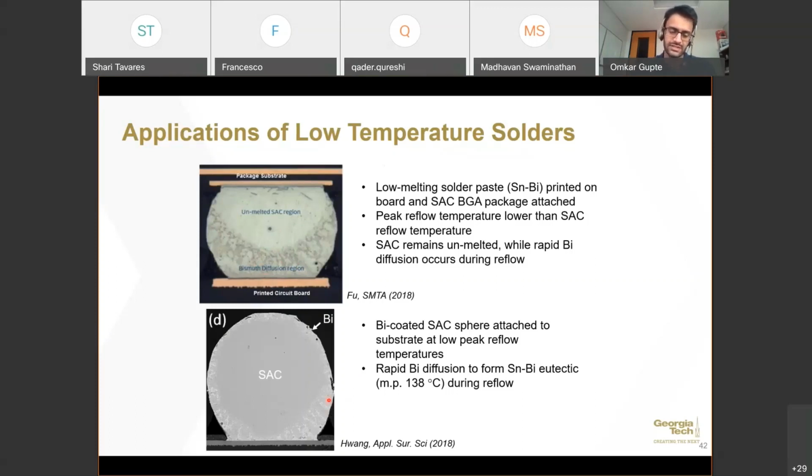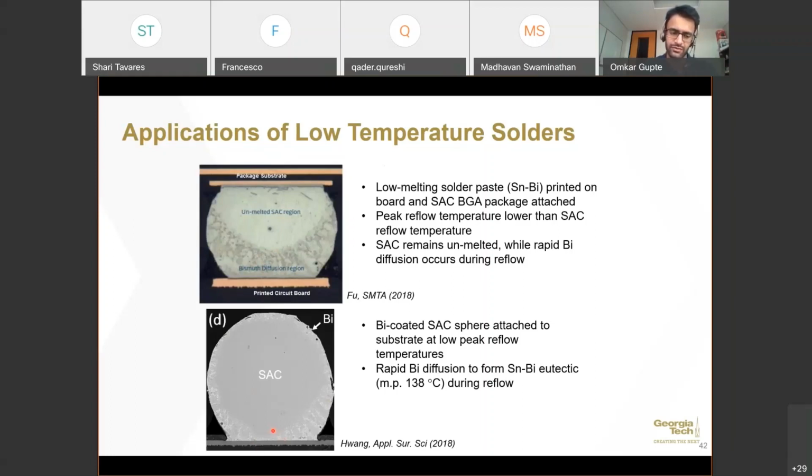Another method by which the advantage of low melting solders is taken is having coatings on the SAC sphere. In this case, bismuth is coated on the outside of the SAC sphere, and when the ball is placed on the package and the reflow is done, again the peak reflow temperature is much lower than the SAC reflow temperature.